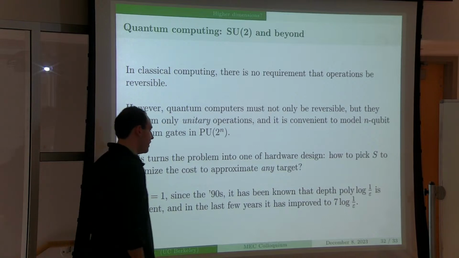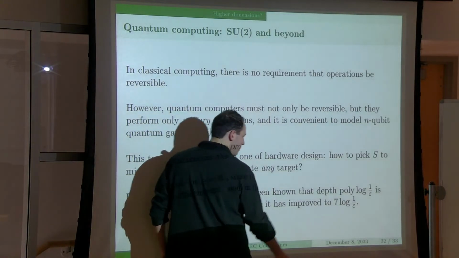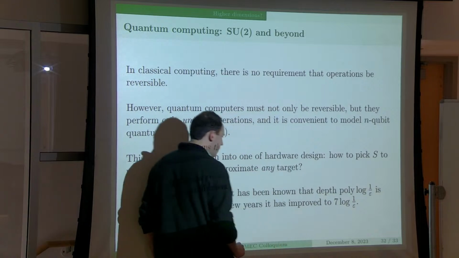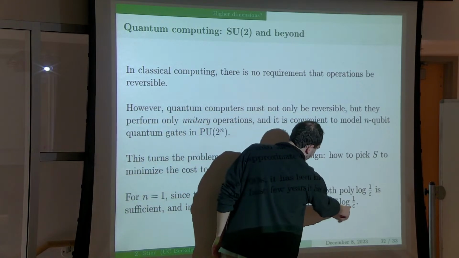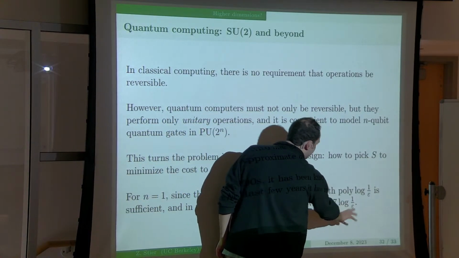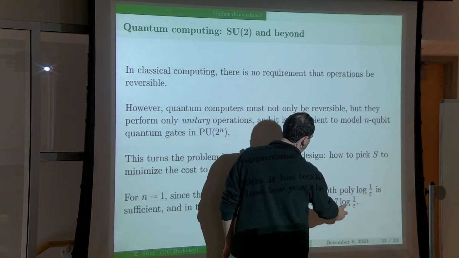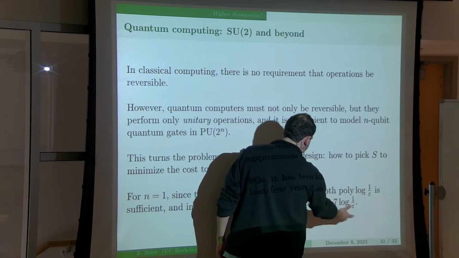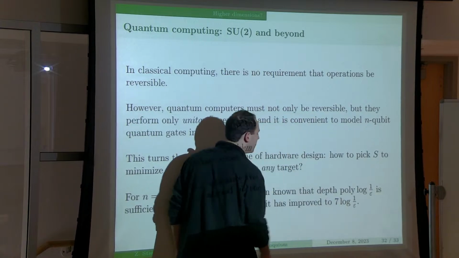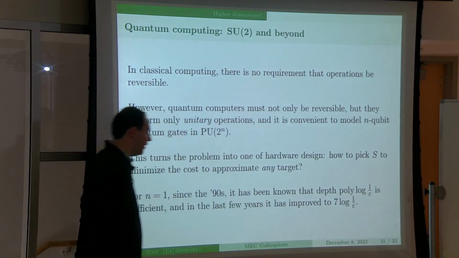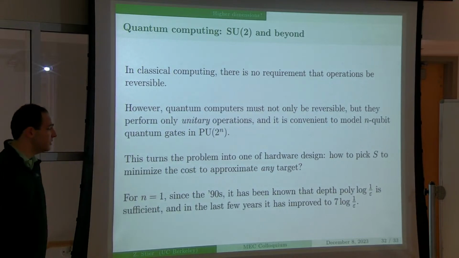And it's actually a result of Terrence and mine that this can be improved almost everywhere to, there should be a log base 59 in here. 59 is arcane and opaque in where it's coming from. But the point is that we get this logarithmic dependence and we can fine tune the coefficient in front. And now it's kind of open how to improve beyond 7.